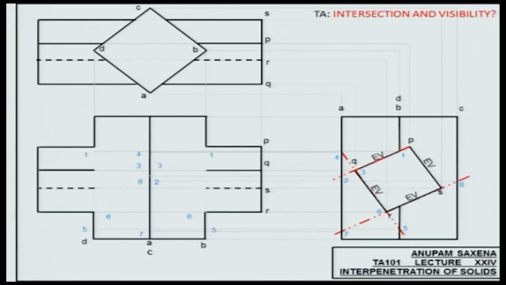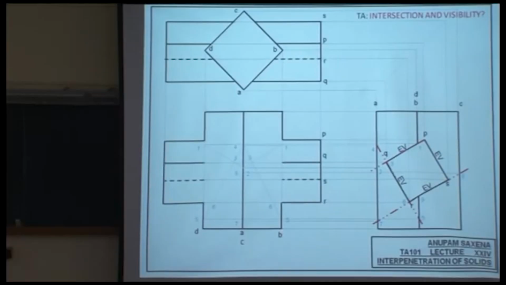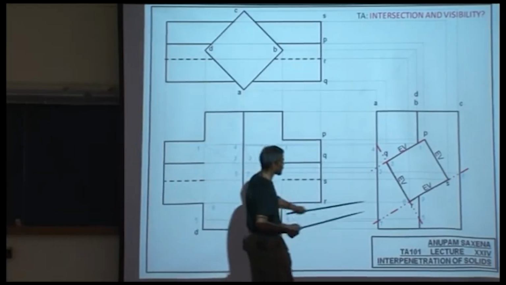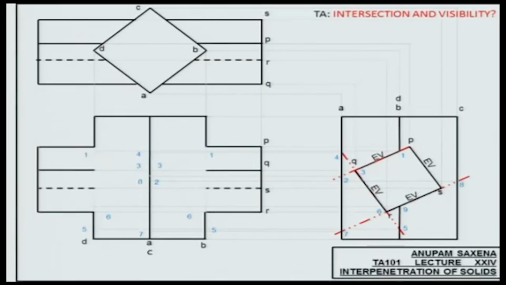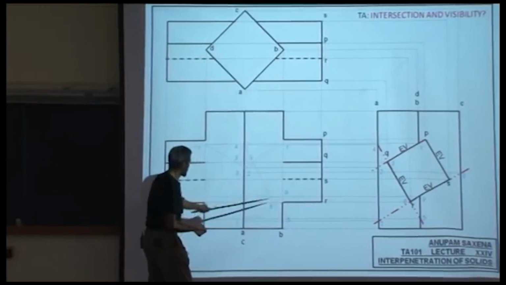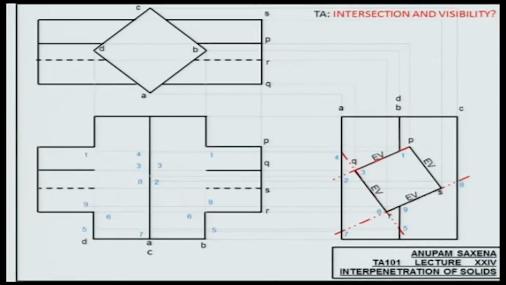So 7 and 8 will be a straight line. Point number 9 is where the actual intersection is happening. Project that. Number 9 would lie on B and D. So 9 would lie here on B and here on D.